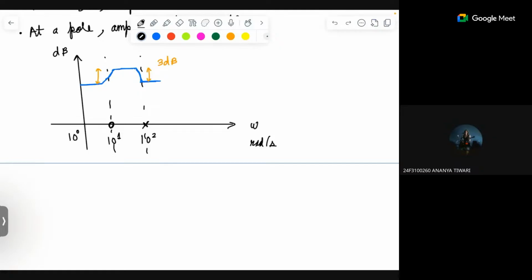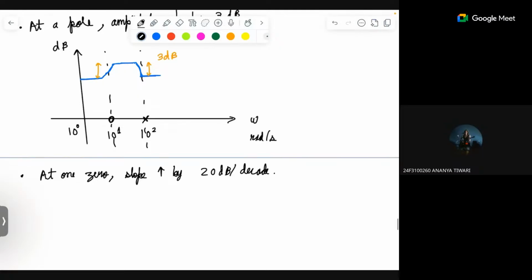Now, when we draw a Bode plot, at zeros and poles the slope of the plot changes. So how does it change? That is what I will be writing over here. At a zero, the slope increases by 20 dB per decade, and the derivation professor has done.